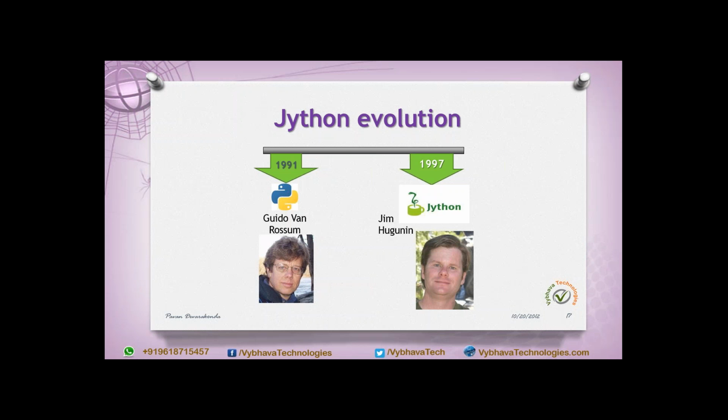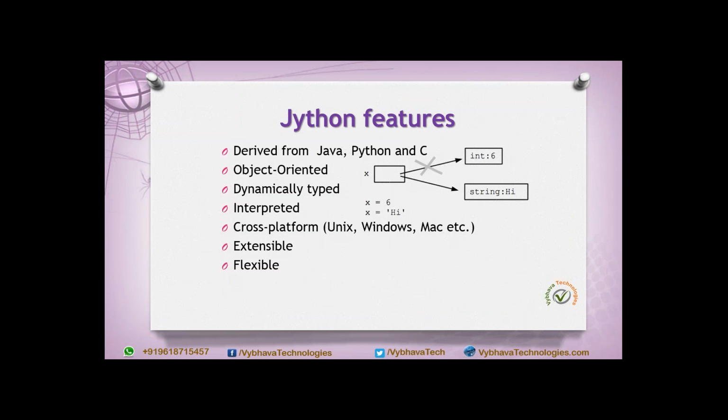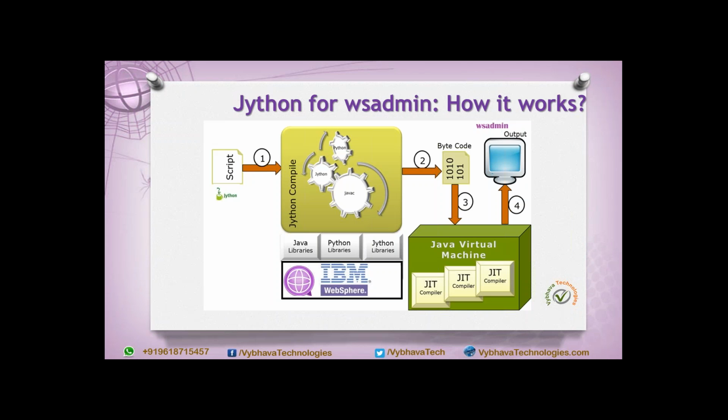Okay, how Jython works. The Jython script we are going to write is given the extension .py. That goes to the Jython compiler, which uses different libraries: Java libraries, Python libraries, Jython libraries, and also WebSphere JMX.